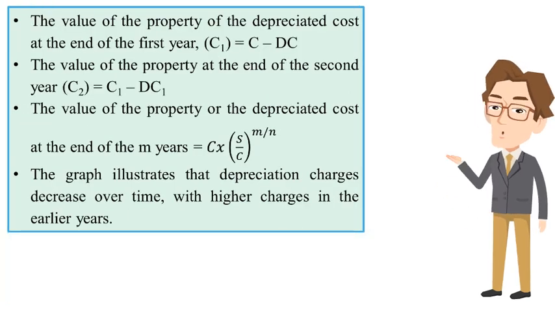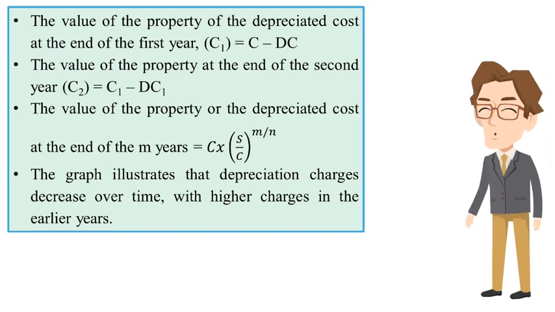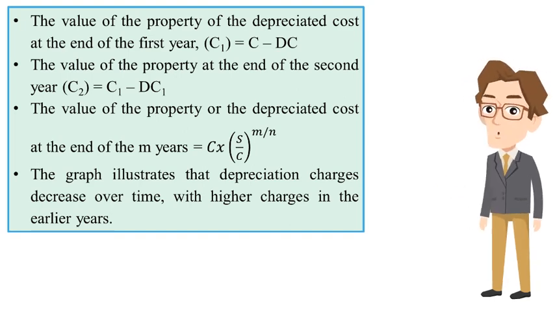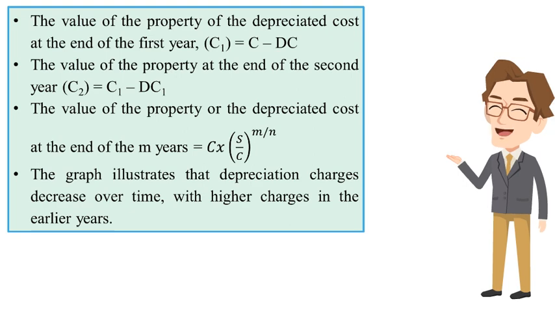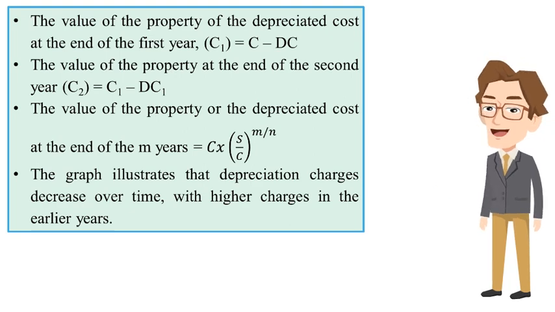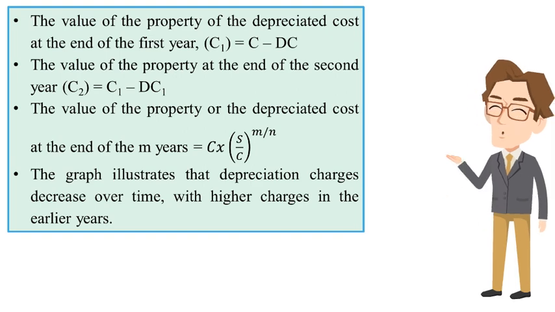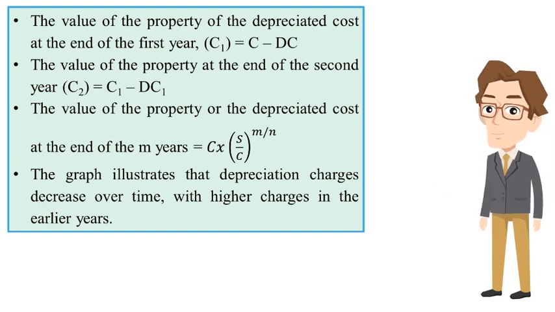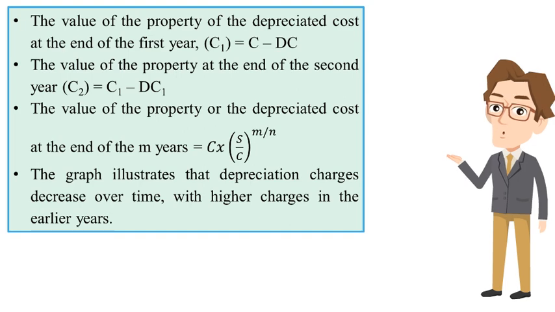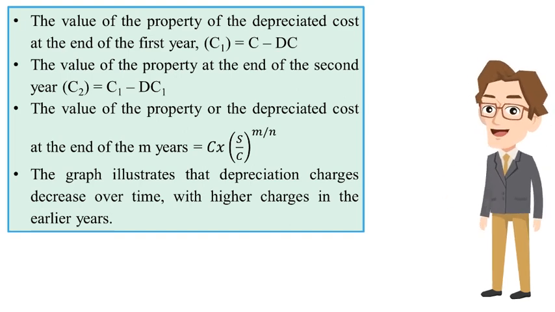The value of the property, or the depreciated cost, at the end of the first year, C1, equals C minus DC. The value of the property at the end of the second year, C2, equals C1 minus DC1.